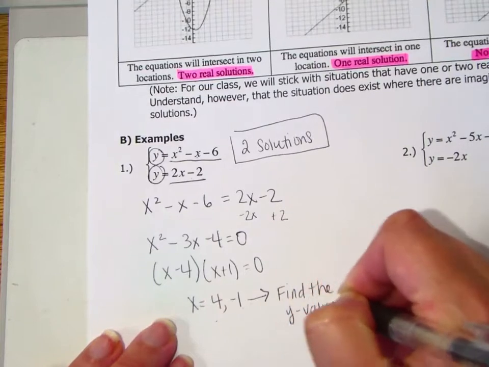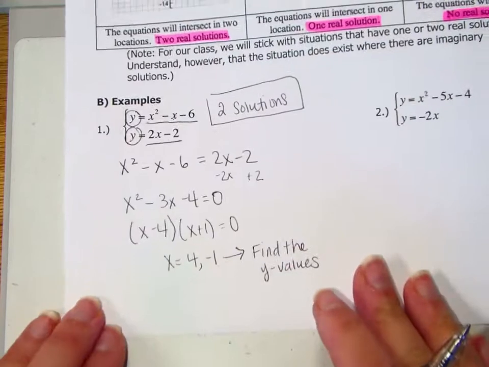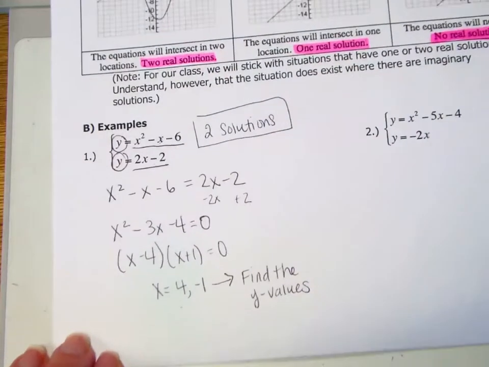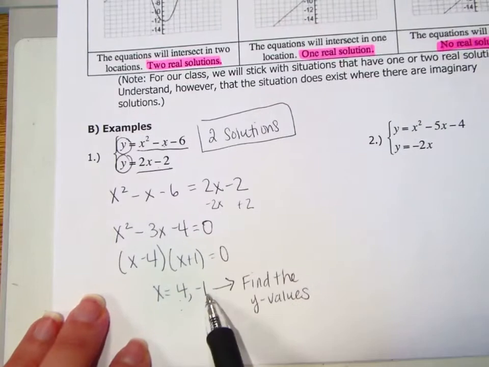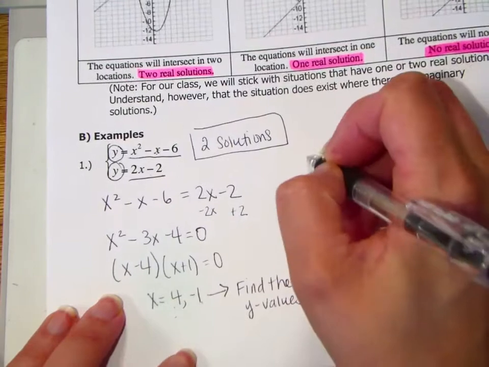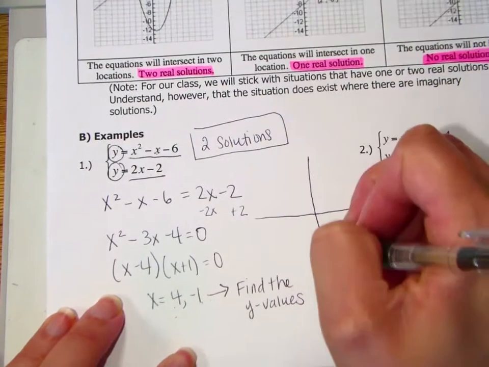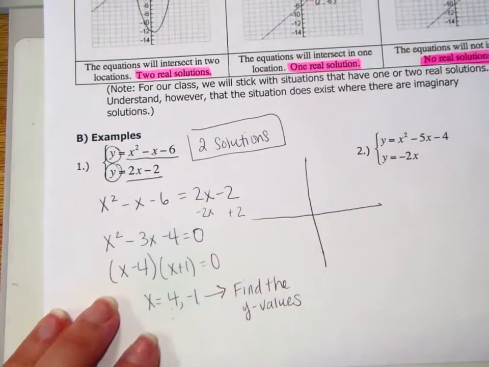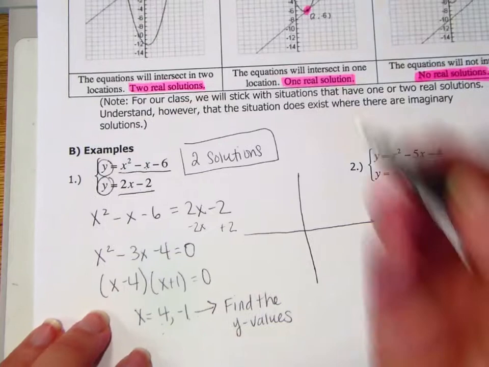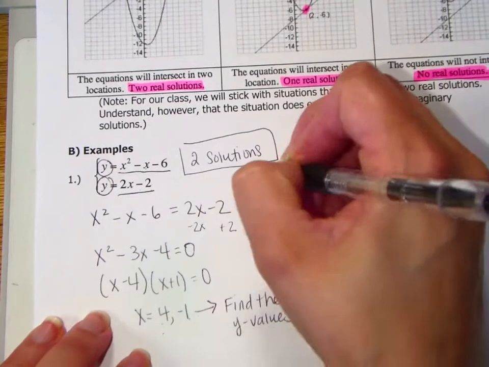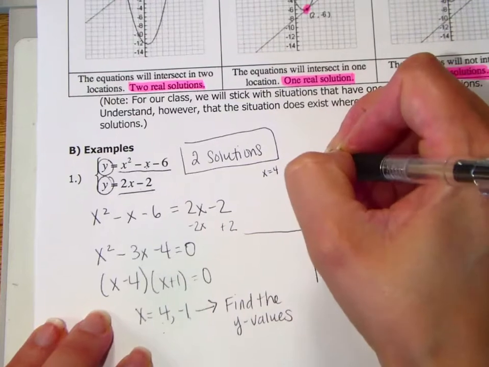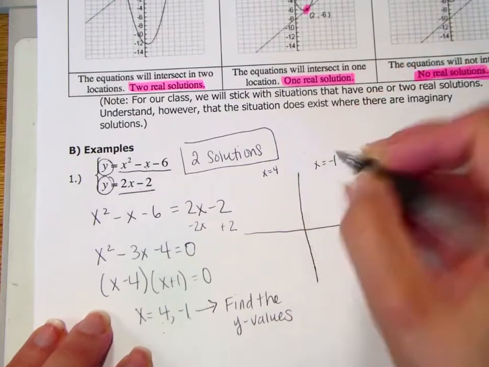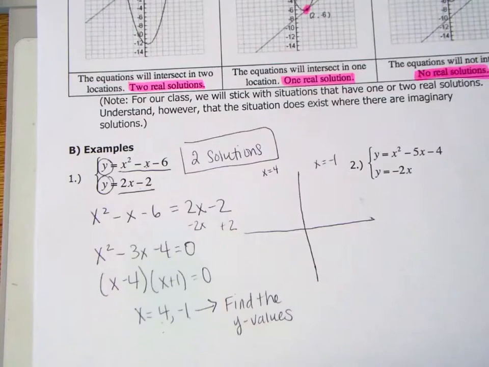So what we're going to do is we need to make sure that these two values of x produce the same values of y for our two functions. So I kind of set up a little grid, and I am going to use x equals 4 for one column, and I'm going to use x equals -1 for another column.